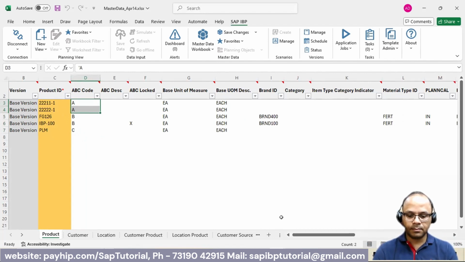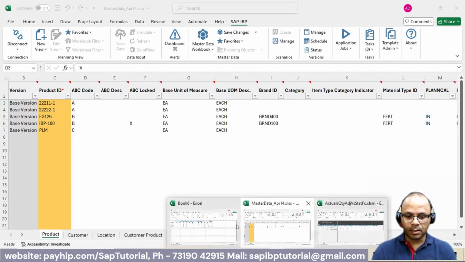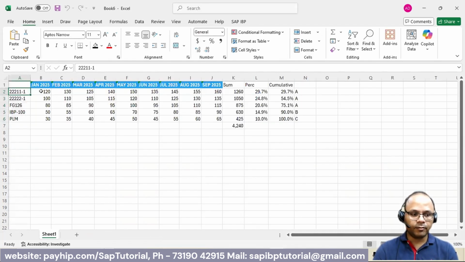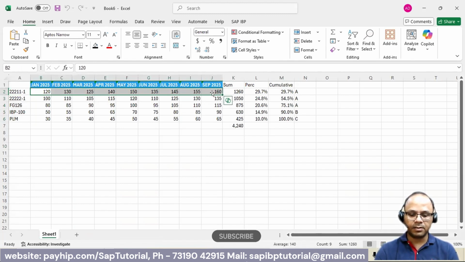So let's see how it identified this as A, B, or C. What we have over here is the last 9 months of data based on which I am running the classification.